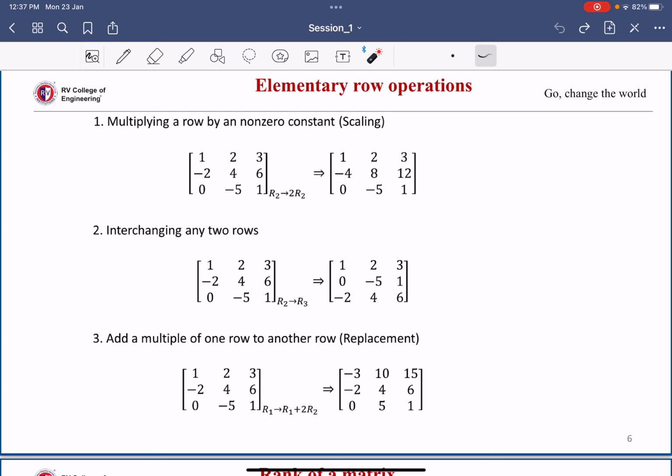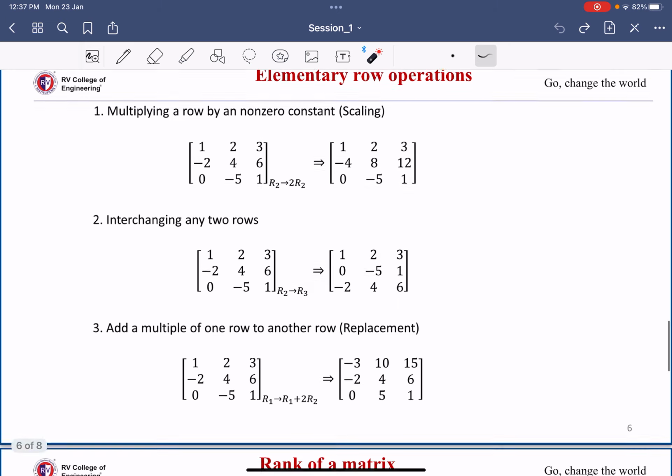When I interchange them, the first row is retained as it is, 1, 2, 3. The third row now becomes the second row and the second row now becomes the third. So this is called interchanging of any two rows.